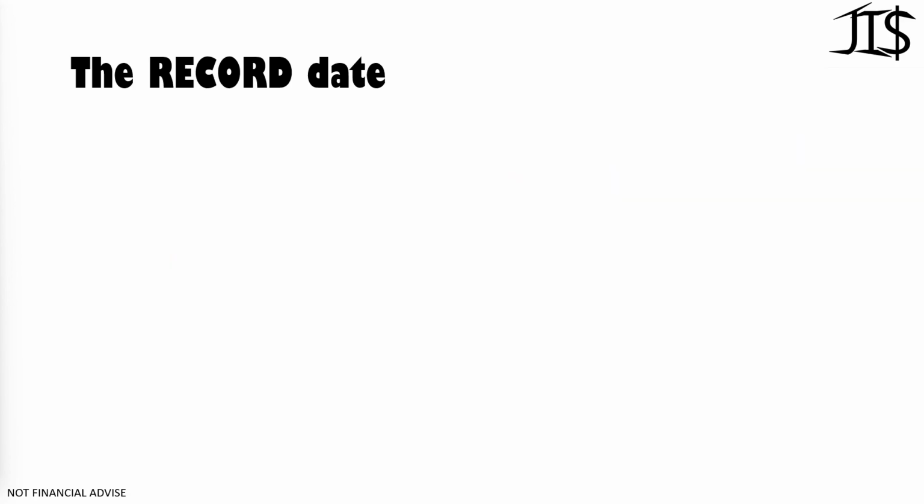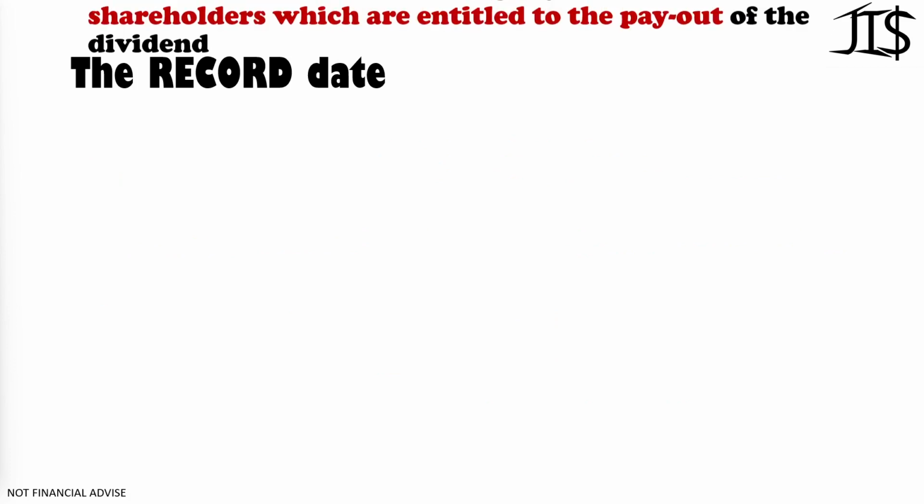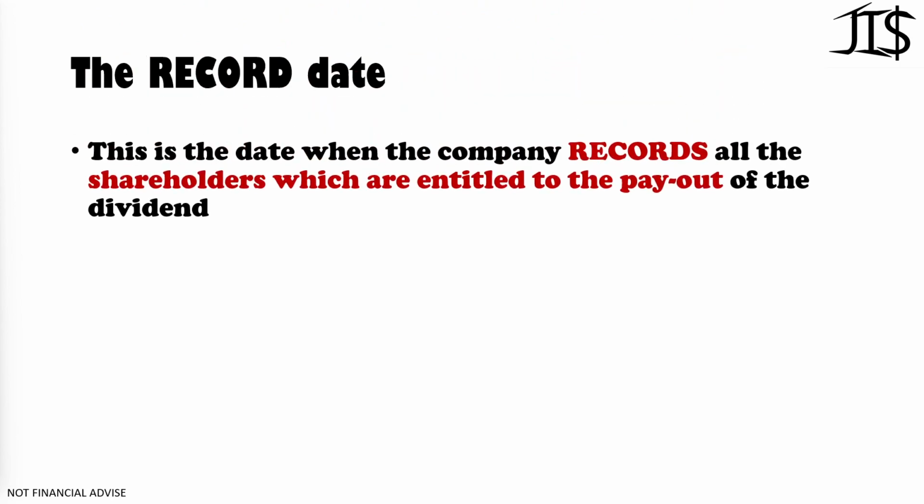Remember that. The record date, that's a thing that confuses a lot of people because that's the day after the ex-dividend date. That's when the company records all the shareholders who are entitled to the payout of the dividend. So it can be that people already sold on the ex-dividend date, and they are still eligible because they owned the stock the day before. They sold the stock on the ex-dividend date, for example at 12 o'clock at noon.